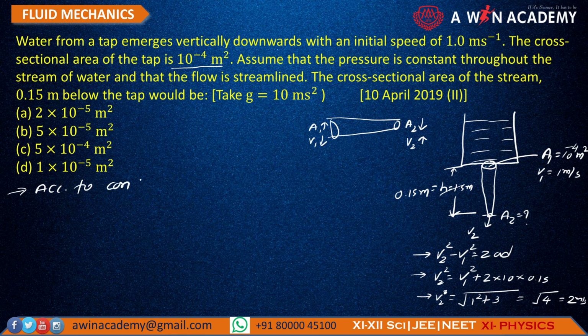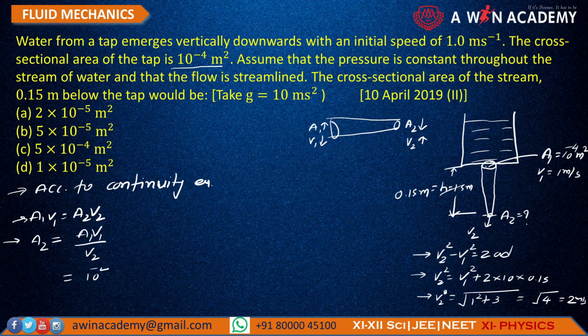According to continuity equation, A1 V1 is equal to A2 V2, and we want to find area at narrow section A2. So A2 is equal to A1 V1 upon V2.